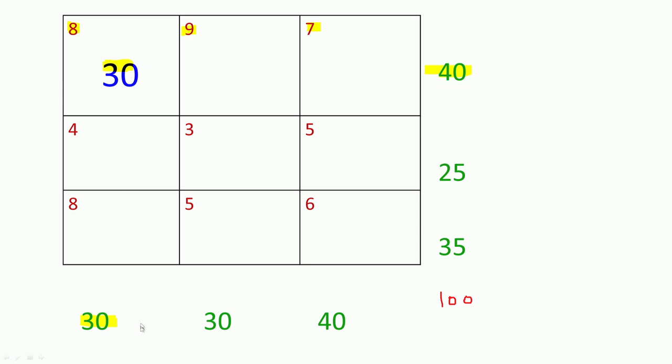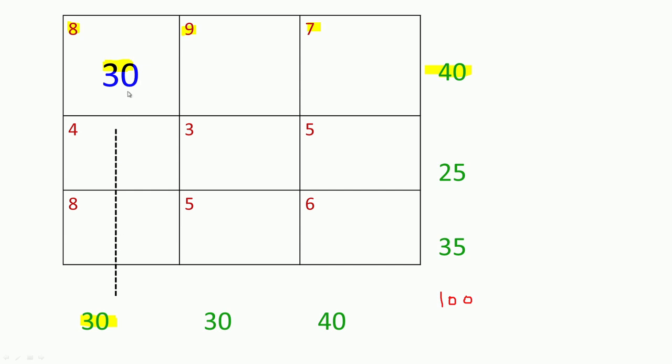Now, once we have allocated this 30, we realize that the entire demand of the first demand point has been met. So, that is shown by this line that we have drawn, which also shows that we are not going to allocate anything here, because allocating in this position would increase the total, and the 30 has already been met, and therefore, we will not put anything here.